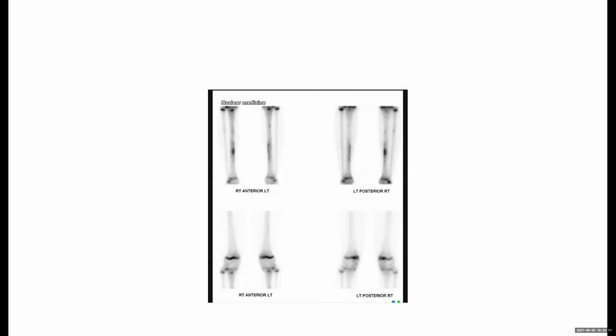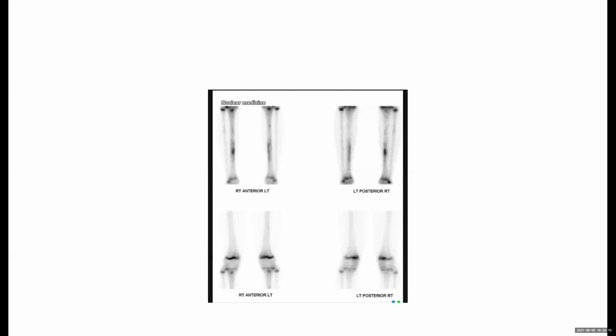Well, in a 20 years old athlete, it could be stress fracture or contusion of the bone in my top differential. However, I can't exclude osteoid osteoma, and I need, if possible, CT or more clinical picture. But I think this is a stress fracture with edema. Okay, thank you.